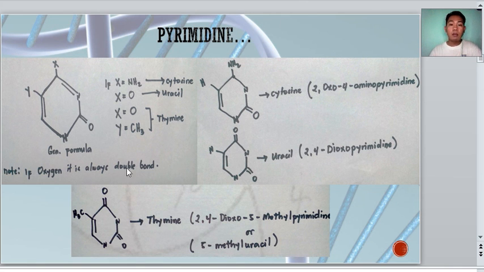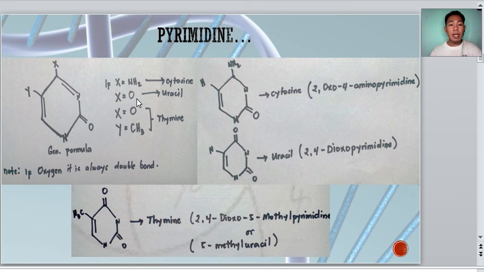And notice that a pyrimidine has a single ring. Notice also in this general formula of a pyrimidine are the X here and the Y. Like in our previous slide, we substitute groups into the X and Y. So if X is NH2, therefore it will be cytosine.